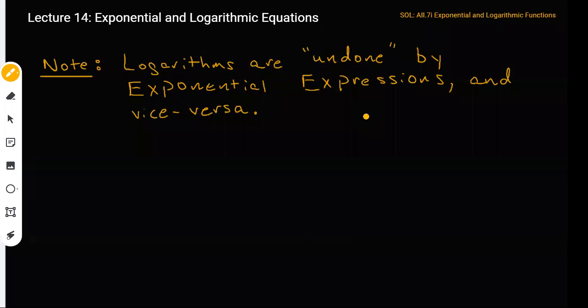And that's because logarithms and exponentials are opposites of each other. And what we're going to learn next week is that they are inverses of each other. So the inverse of a logarithm would be an exponential. The inverse of an exponential would be a logarithm.